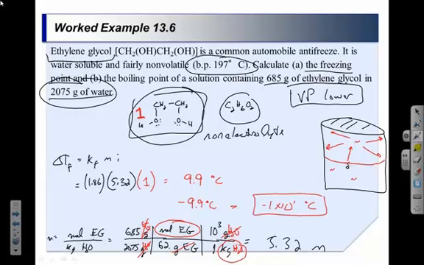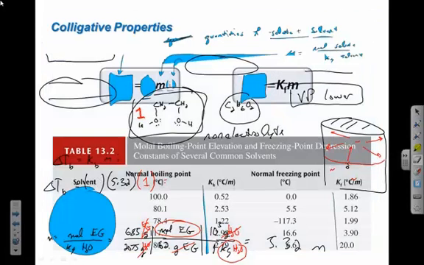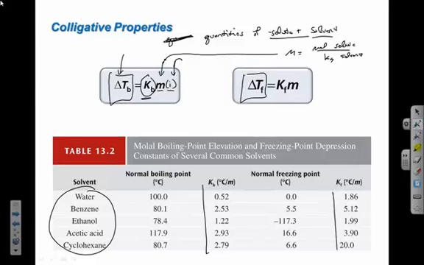Boiling point elevation is basically the same formula, except instead of F, I have a B here. So there, to get delta T for the boiling point, I would do everything the same way, except I'd have Kb instead of Kf. And for water, Kb is 0.52.